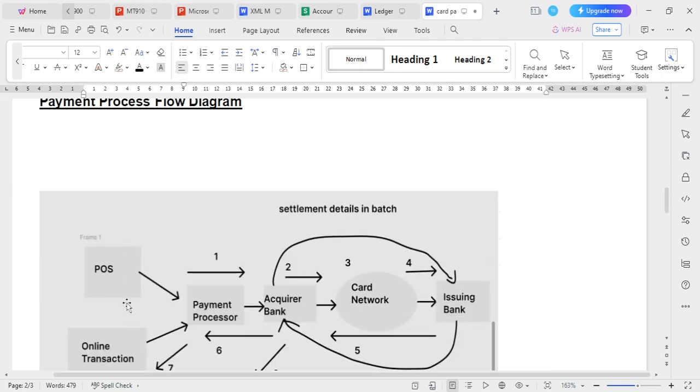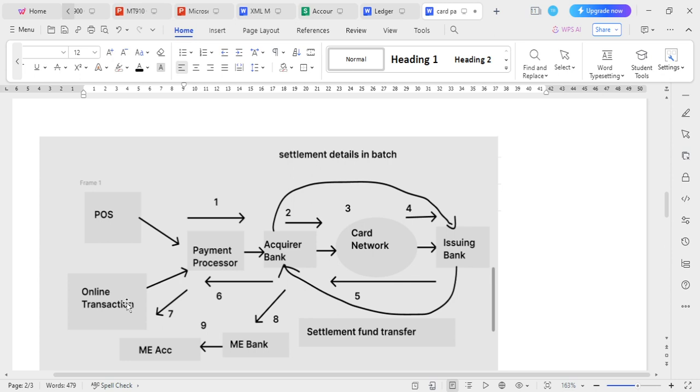Okay, how does the card payment process happen? Person A goes to any shopping mall or any e-commerce website, swipes the card in the POS machine, or otherwise enters the details on the online transaction web page. Once they enter, the card details go to the payment processor. The payment processor encrypts the details and sends them to the acquiring bank.